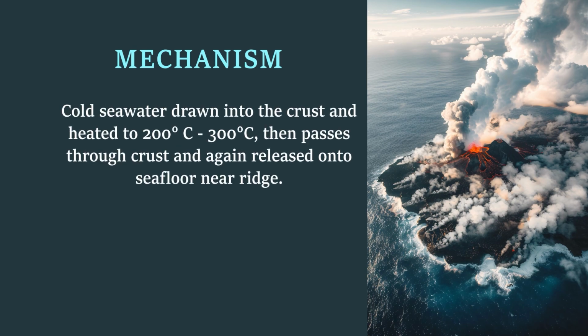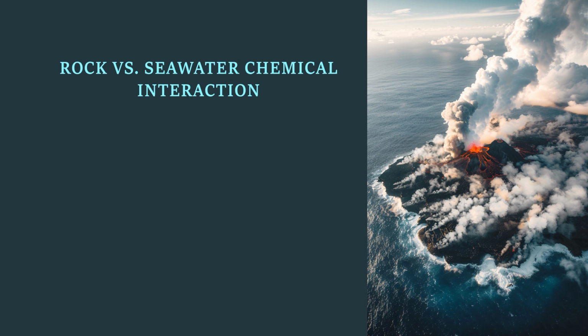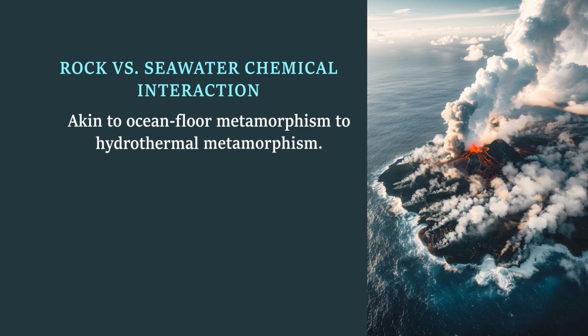Cold seawater drawn into the crust is heated to 200 to 300 degrees centigrade, then passes through the crust and is again released onto the sea floor near the ridge. Rocks versus seawater chemical interaction makes ocean floor metamorphism similar to hydrothermal metamorphism.